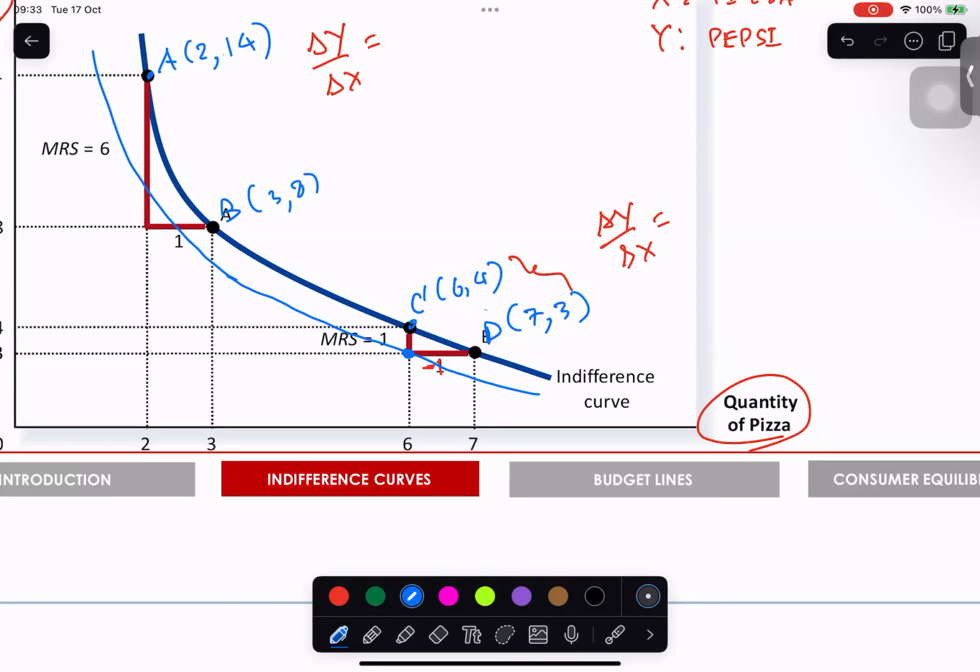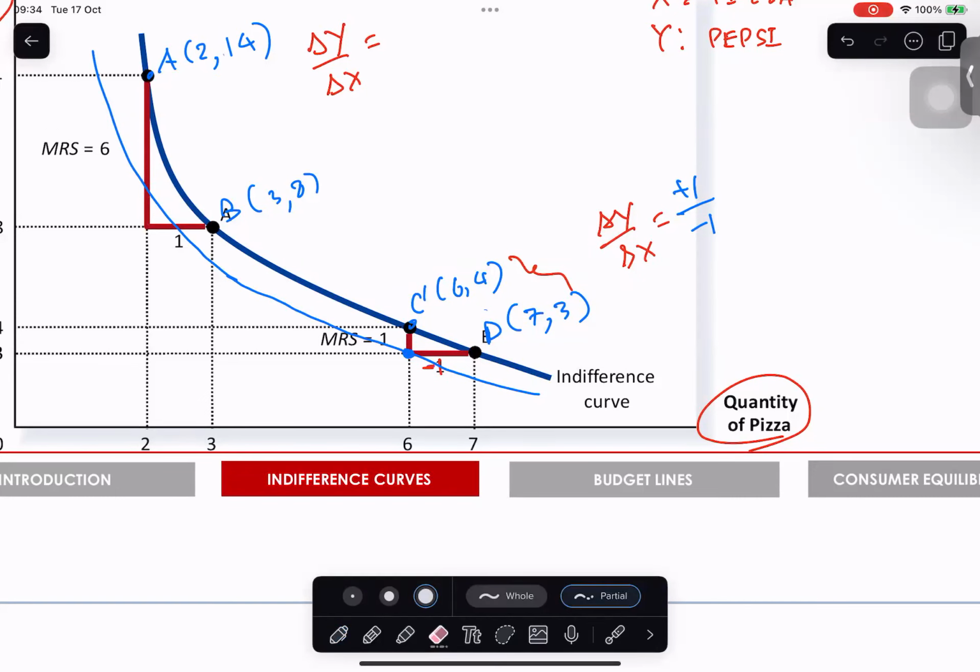And then we ask him, how many Pepsi do you want to be compensated so that your utility resumes, gets back to the same happiness level? He said, give me 1 can of Pepsi. So it's going to be like this. We steal good X and we compensate with 1 Y.